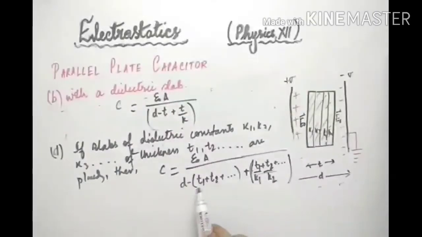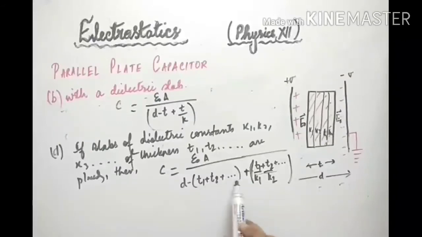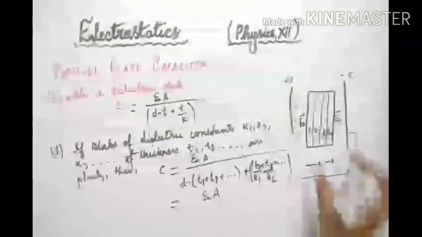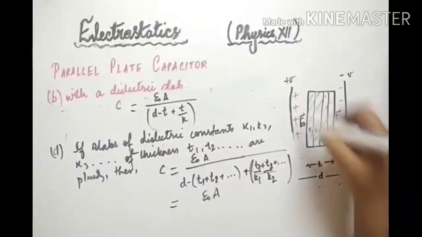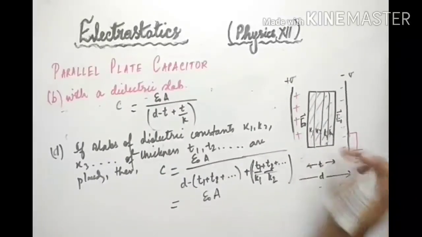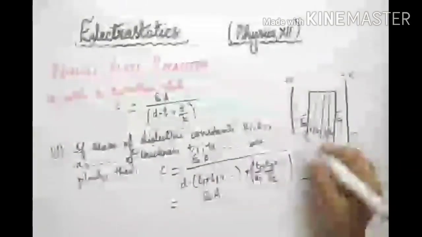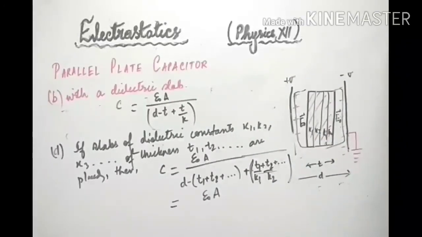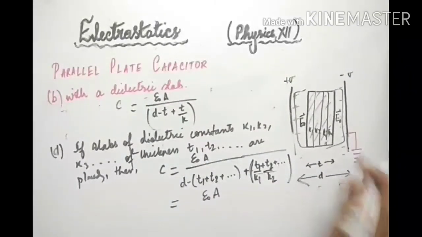Now if you sum up all the thicknesses, what will you get? You will get d only, because if you add all the thicknesses of the many slabs, they take up the total space between the plates.